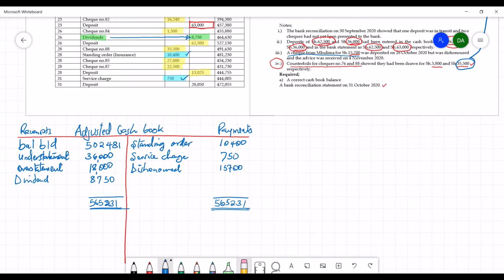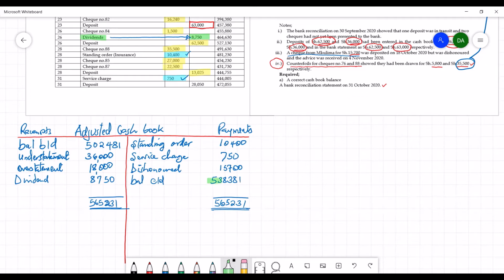That now means that we have a balance carried down, which is on the credit side because the debit side is greater. The amount is 538,381. 538,381 is now the balance carried down.